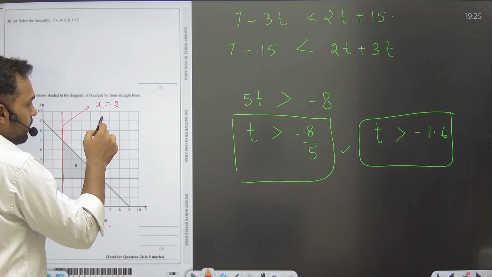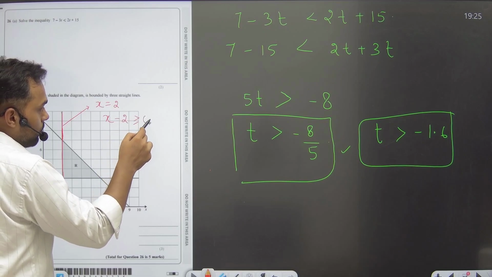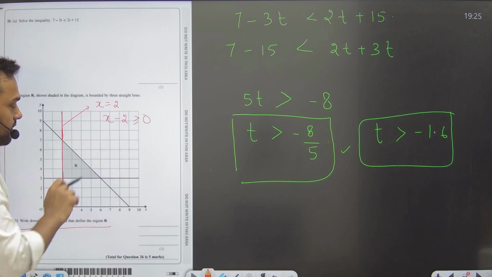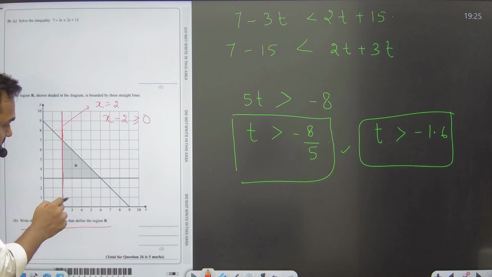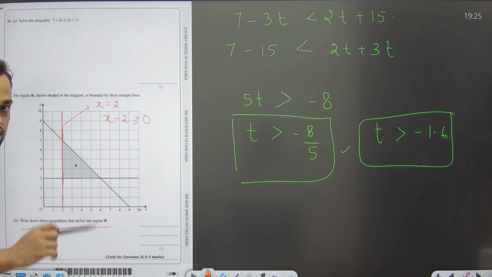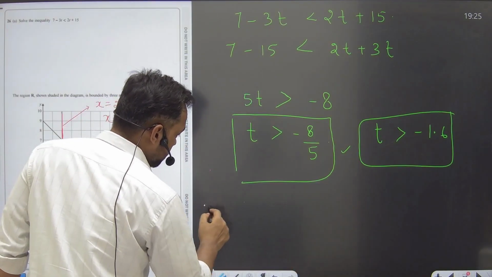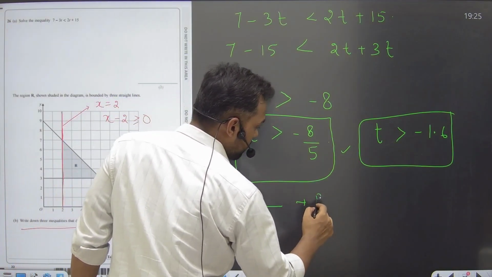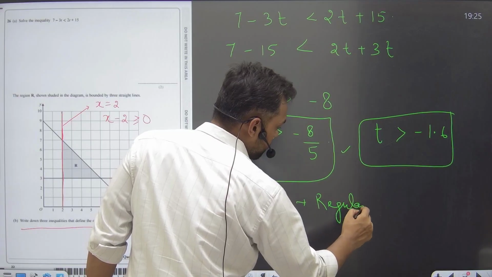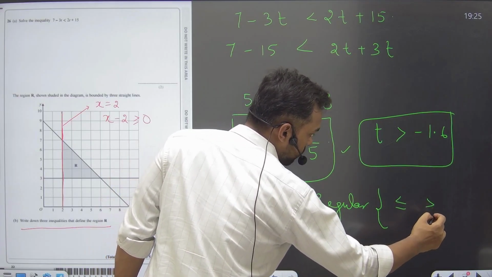So it will be x minus 2 greater than or equal to 0. Why have I put the sign greater than or equal to 0? Because we can see that this line is regular, it is not in dotted format. This is the regular line, students. For regular lines, the inequality sign will be greater than or equal to or less than or equal to.